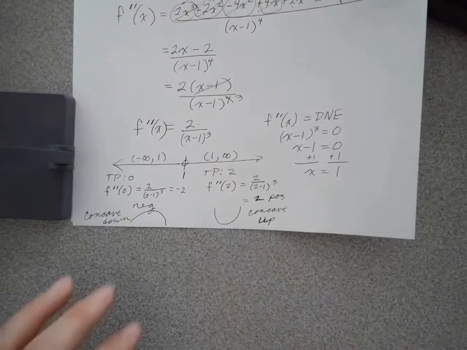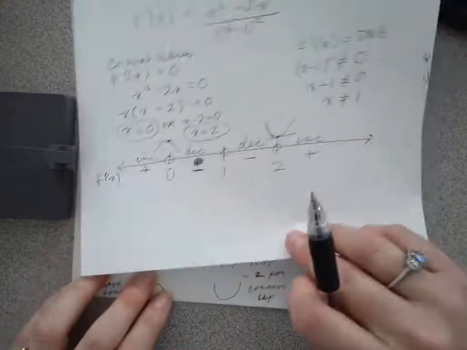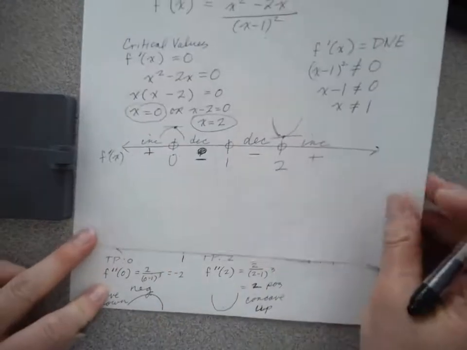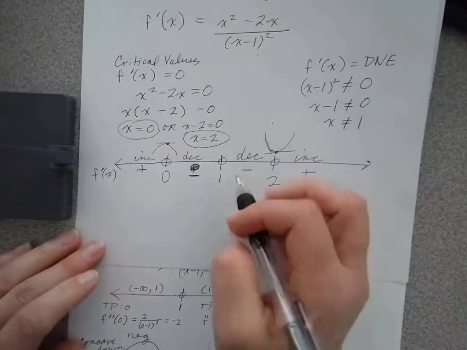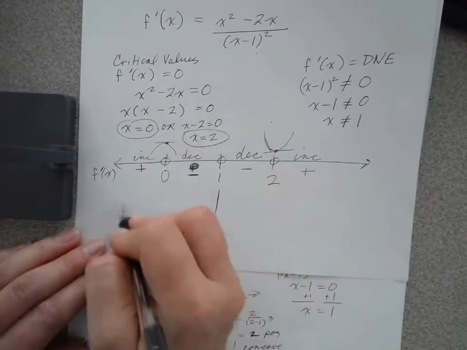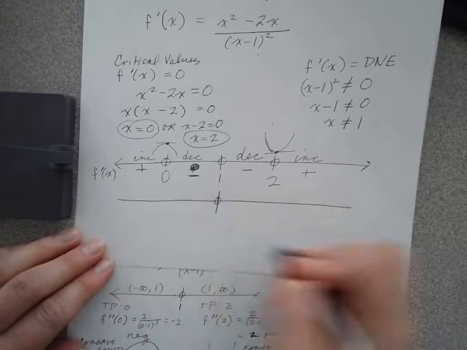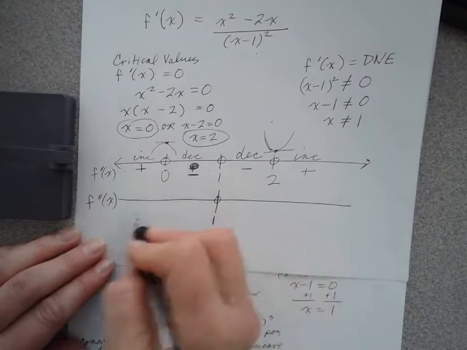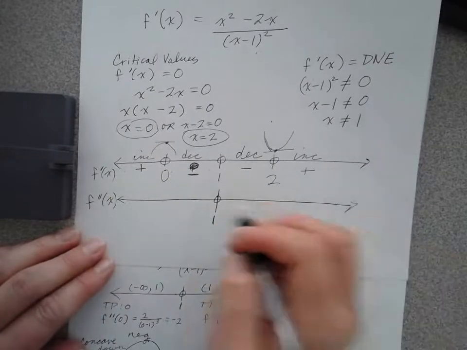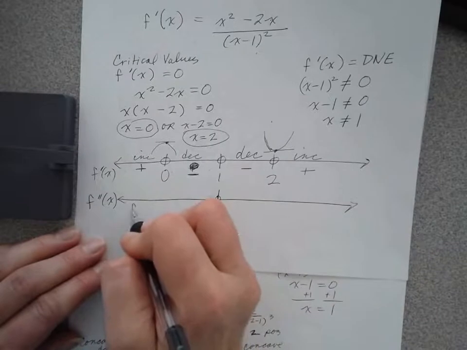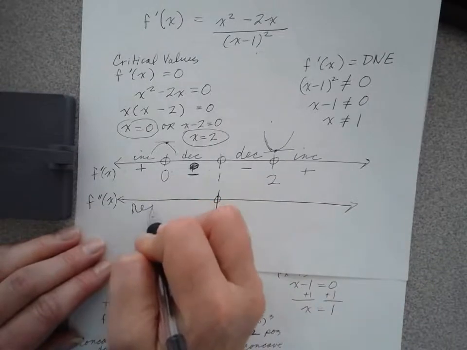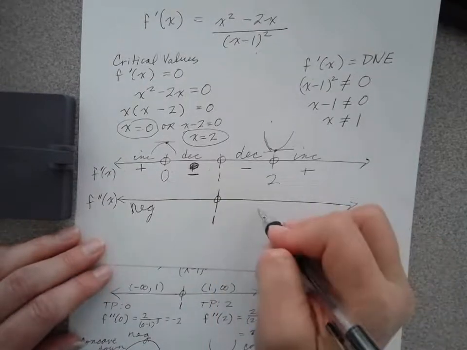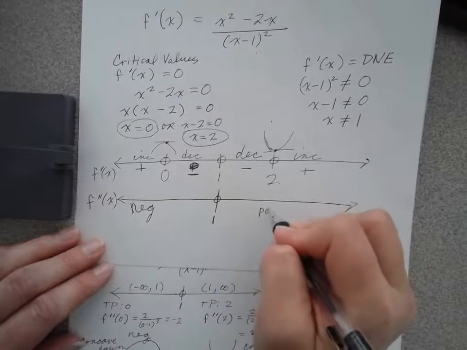But then if you go back and look at the first derivatives, okay, so here's our second derivative. Our critical value was 1. Okay, so from negative infinity to 1, the second derivative was negative. And from 1 to infinity, the second derivative was positive.